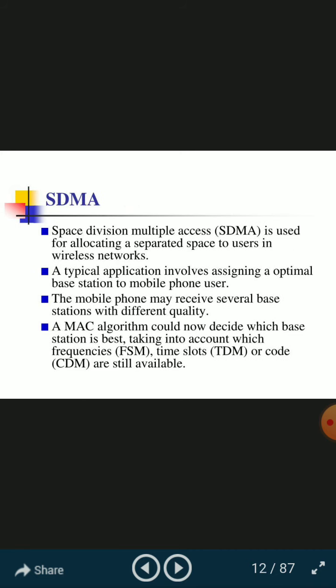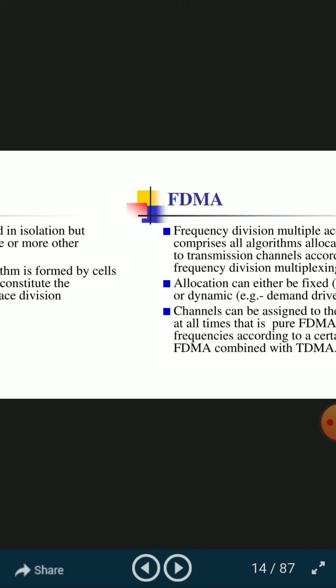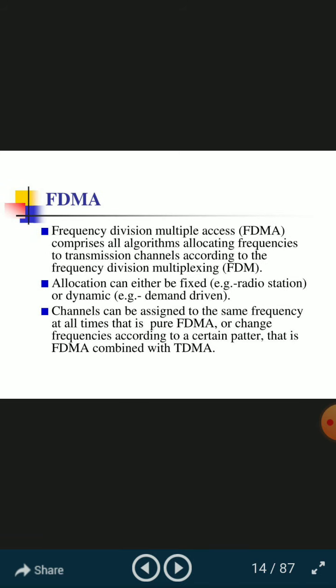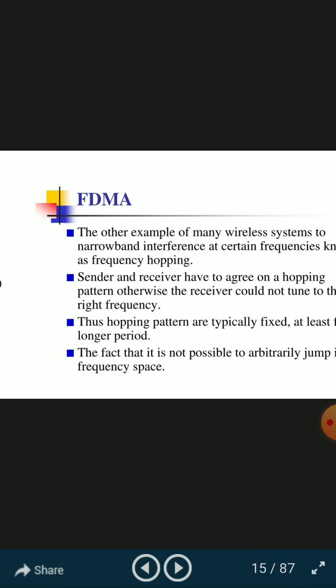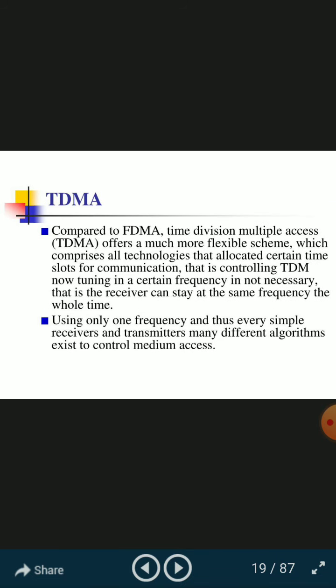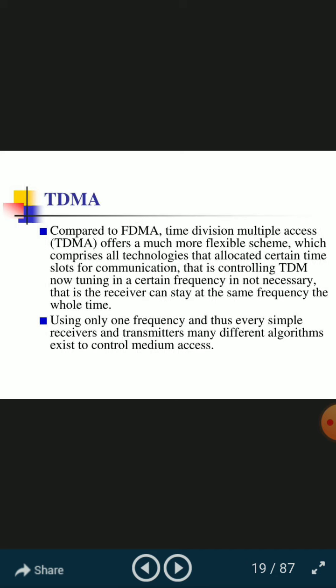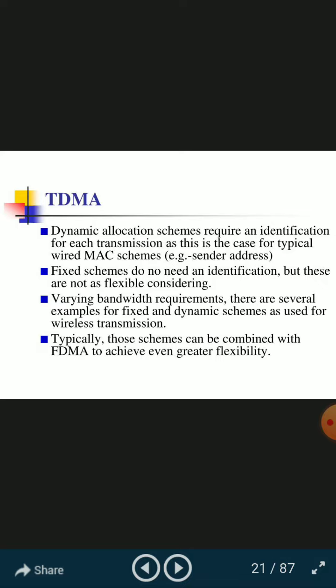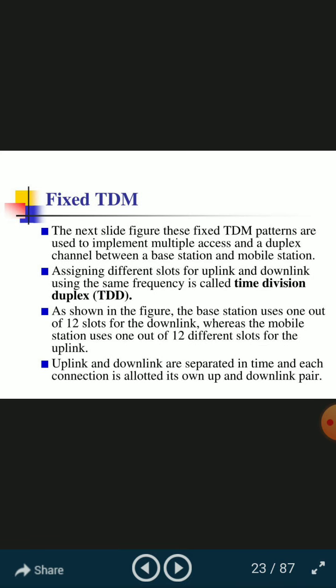In this medium access control, we have already explained CSMA and CDMA. Now, in unit 1, we are explaining SDMA, Space Division Multiple Access, FDMA, Frequency Division Multiple Access, TDMA, Time Division Multiple Access, and fixed TDM.